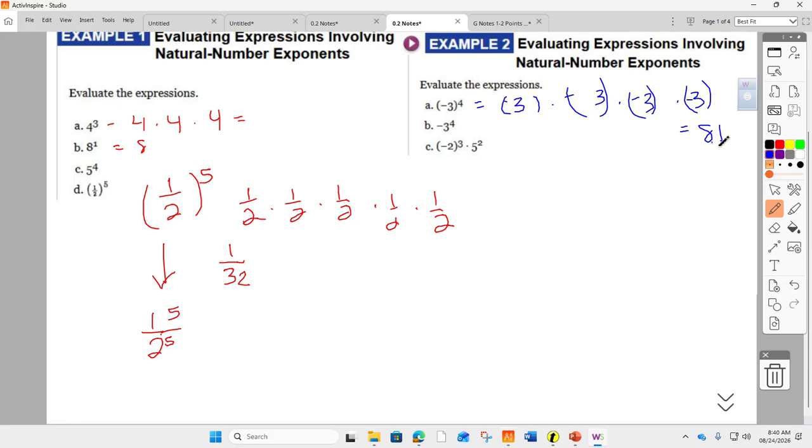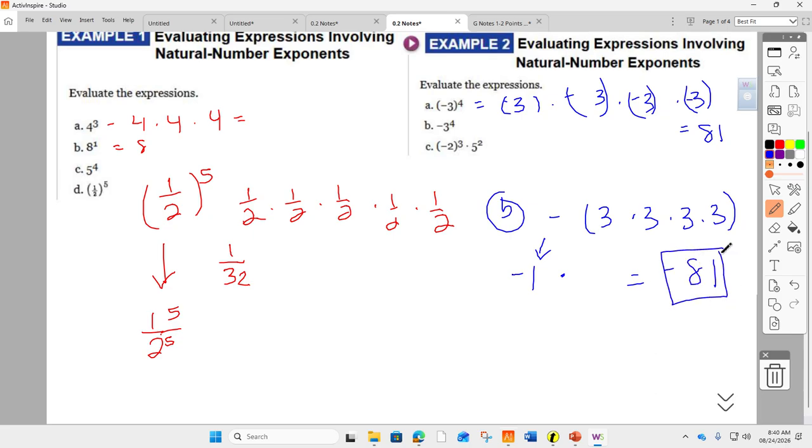An even number of negatives gives you a positive answer. If you have a negative number and an odd-numbered exponent, you should have a negative product when you're done. This is the same as, so for B, I'm going to write it down here. It's the opposite of 3 times 3 times 3 times 3. You could also write it as -1 times 3 times 3 times 3. So those would indicate the same thing. So then it's going to simplify to -81. Any questions?